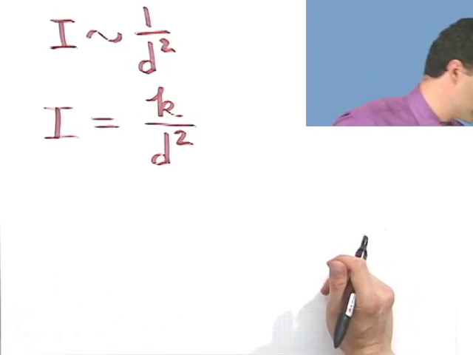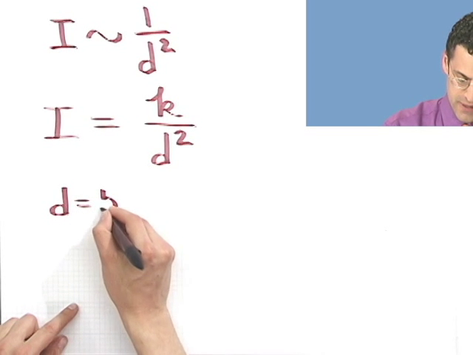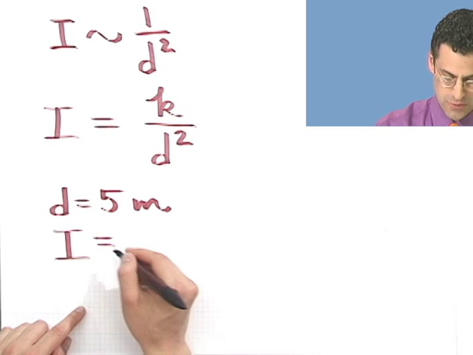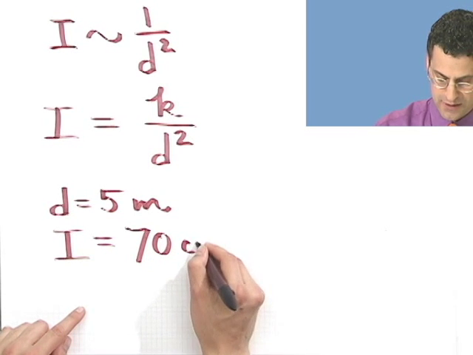Now, suppose that for this light source, at 5 meters, the illumination is 70 candela. That's the way you measure illumination. So when we have a distance of 5 meters, the illumination is 70 candela.